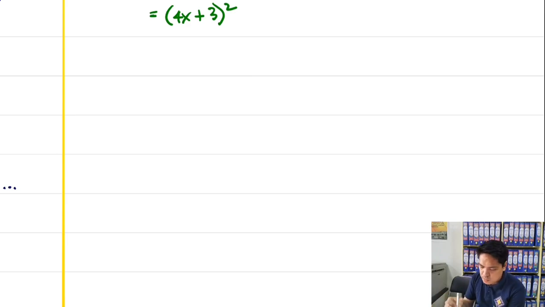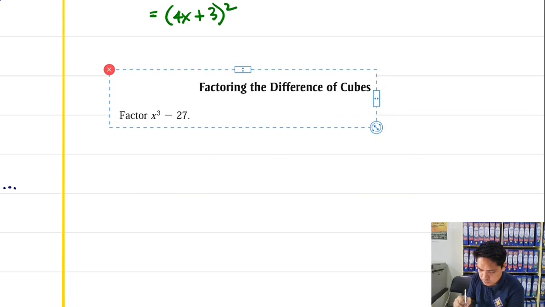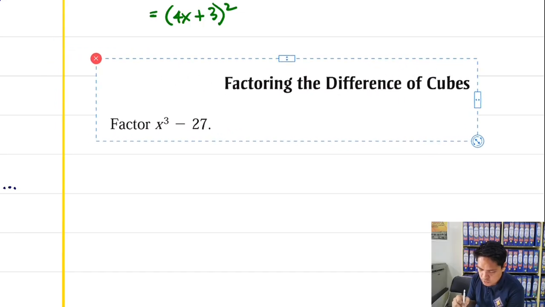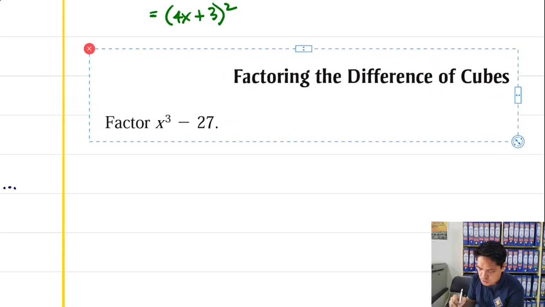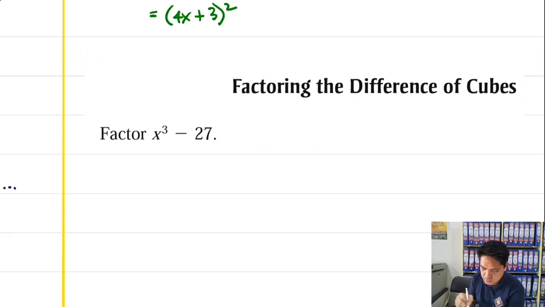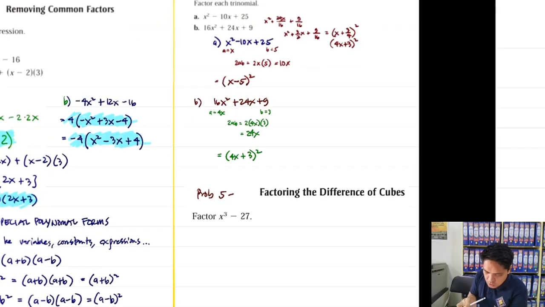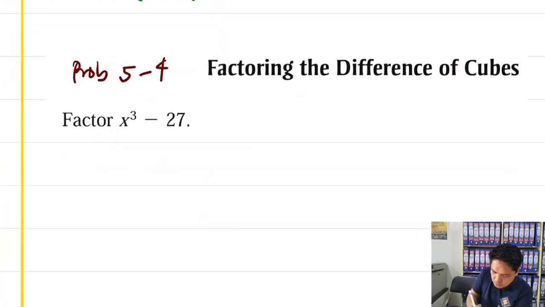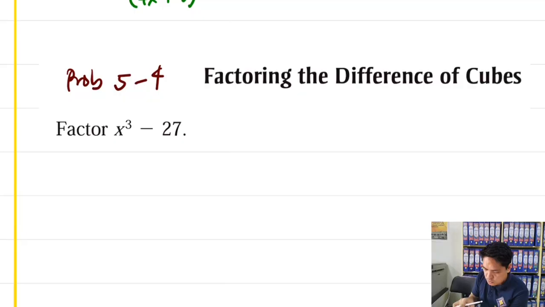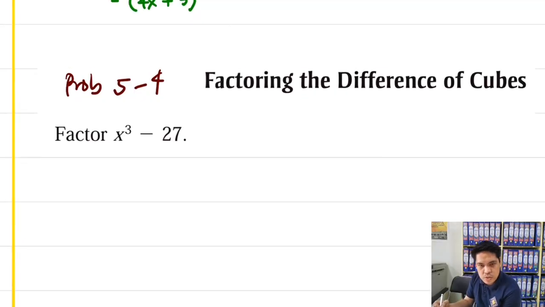Okay, for our next problem, let's try this one. Factoring the difference of cubes. So, we're done with squares, so cubes naman. So, let's call this problem 5-4. We need to factor out x cubed minus 27.